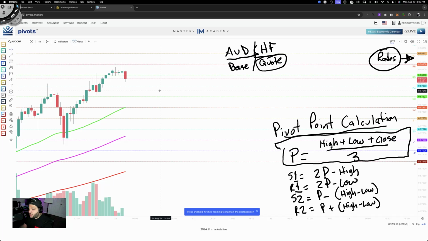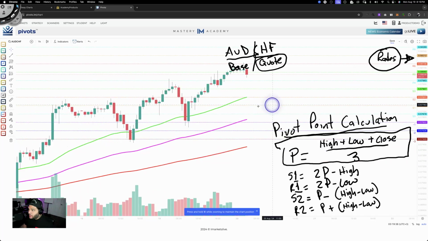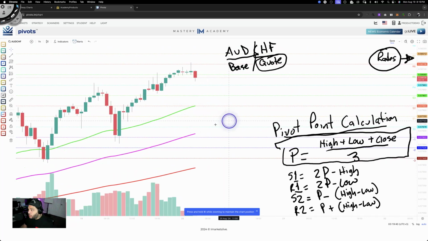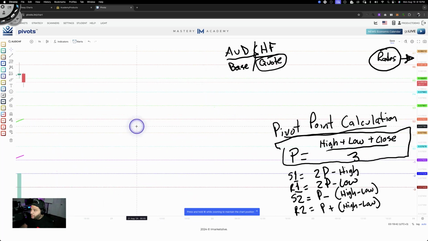It just depends on what's currently in motion, right? But as we can see, it wicked really hard right around the R6 level. So we can expect that to be a hard resistance. And we can expect this to be a support if the market is no longer trending and is starting to range. So there's a really good system to use to help you assess that.